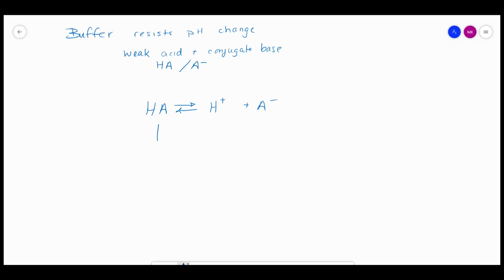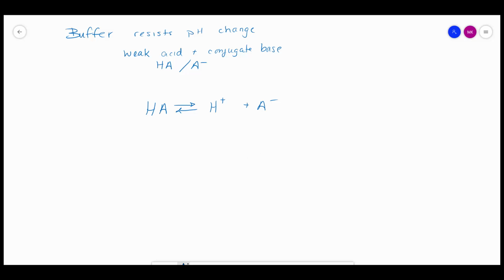So if I increase the concentration of HA, then the equilibrium will shift towards the production of products. So if I increase the concentration of HA, I must be adding to this side. If I decrease the concentration of any one of my parts, so let's say I decrease the concentration of my H+, I will also be shifting towards the production of products, so I will be adding to this side, in order to re-establish that equilibrium.